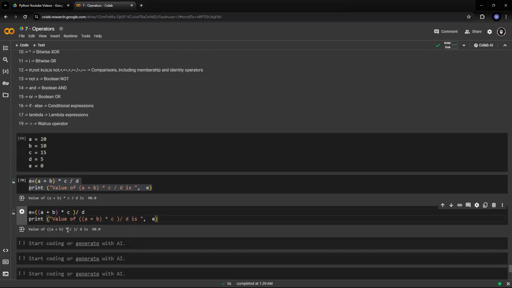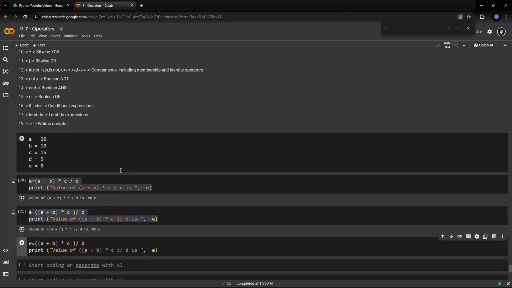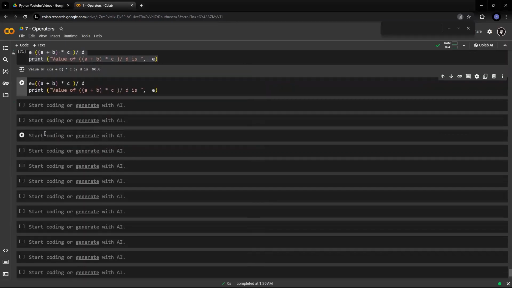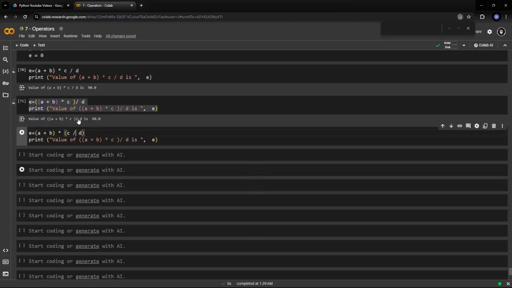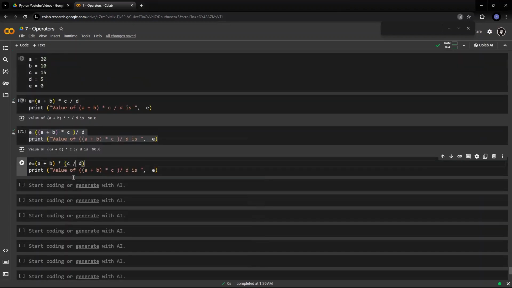Now let's break it further. This time we'll try to get C out of this bracket, and we want the division to take place first. So A plus B is 30 again. C divided by D: C is 15 and it has to be divided by 5 because the brackets are here, which have to be evaluated first. So 15 divided by 5 would be 3.